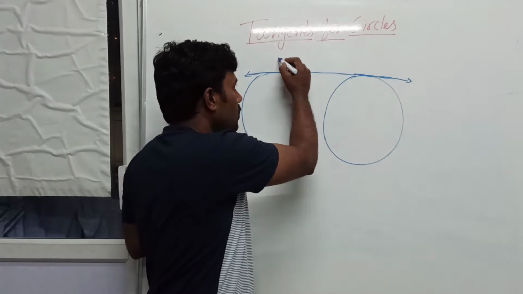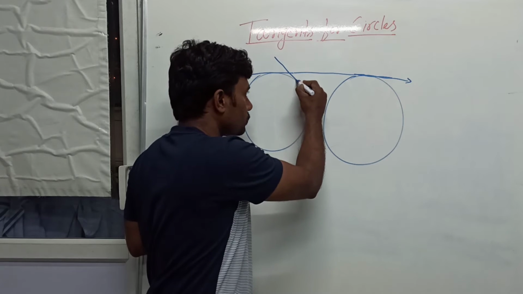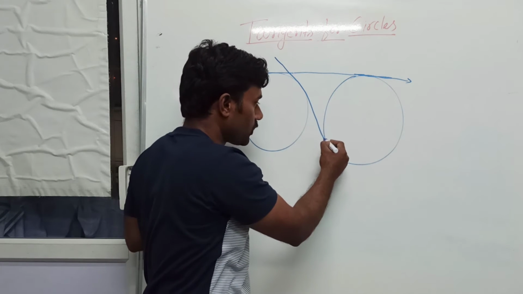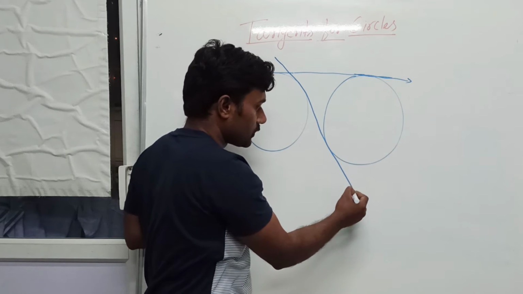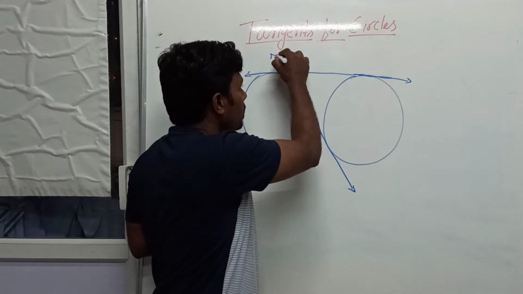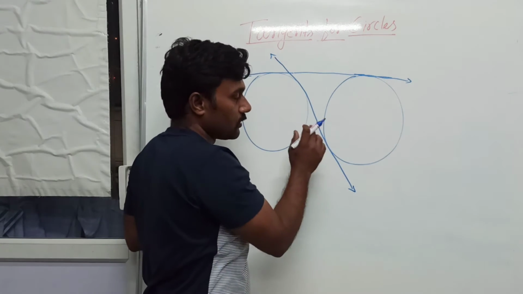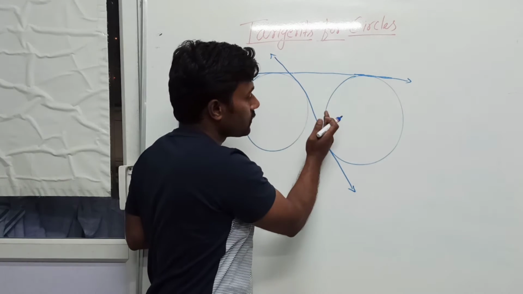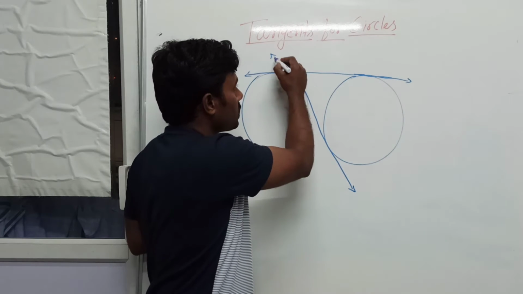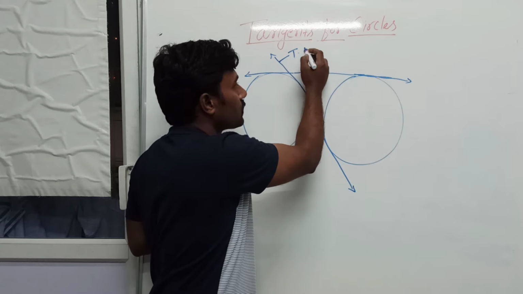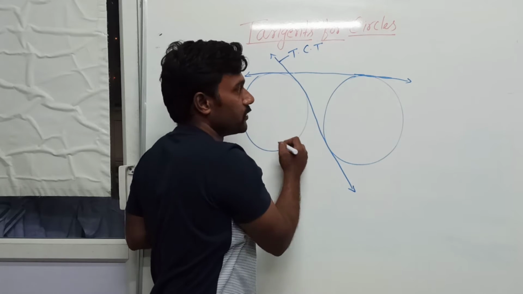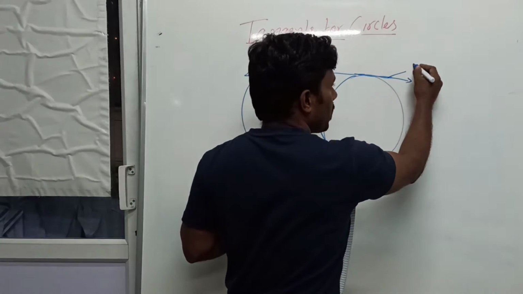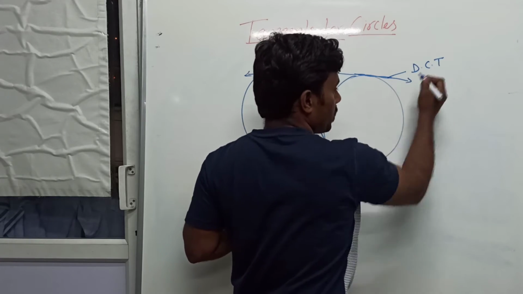If you draw a tangent like this, it touches the circles on either side of it. If the circles touch the tangent on either side of it, then the tangent is called a transverse common tangent. This is called a direct common tangent.